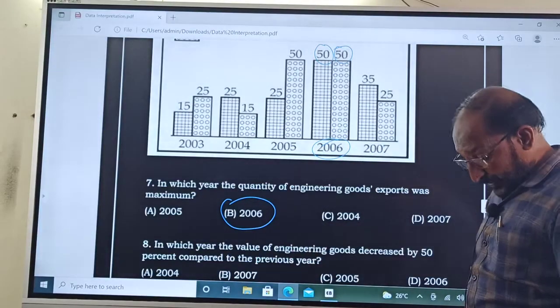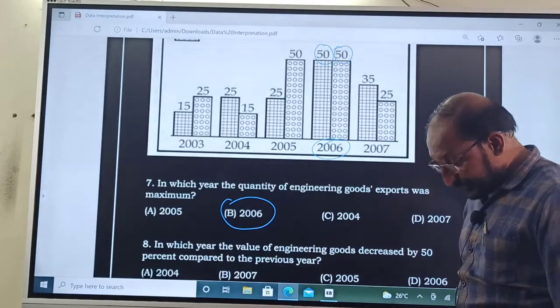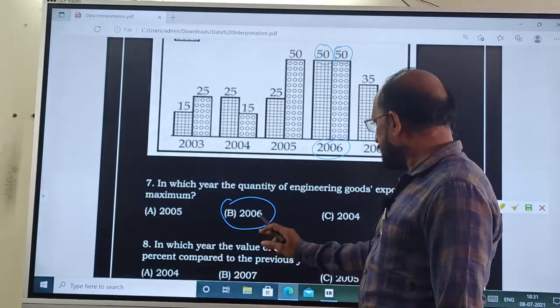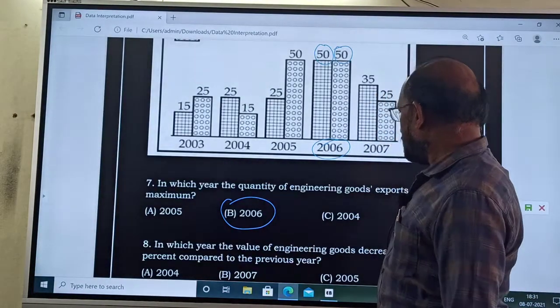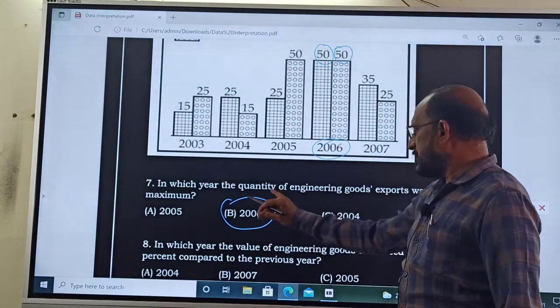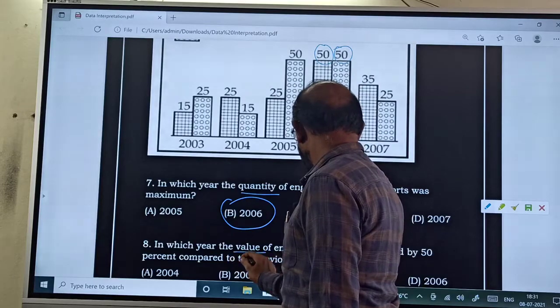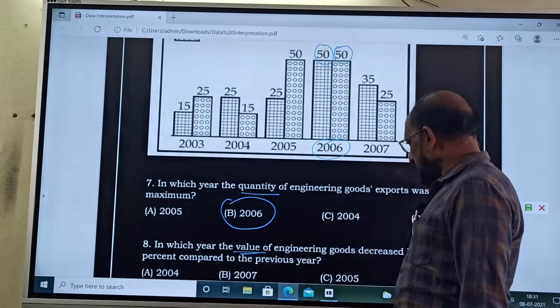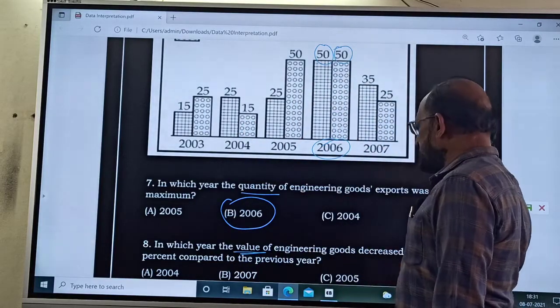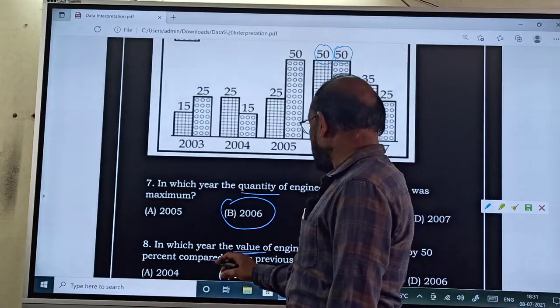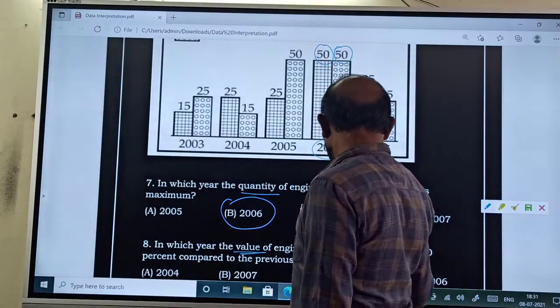The next problem, see the 8th problem. In which year did the value of engineering goods decrease by 50% compared to the previous year?